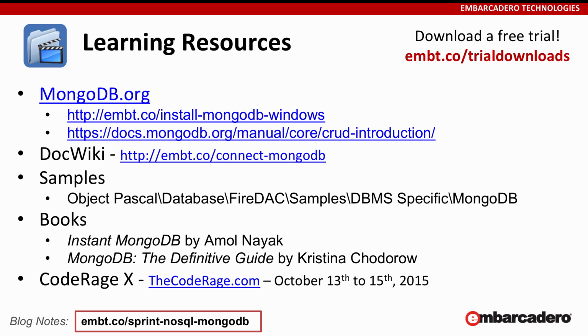It contains a lot more detailed information about MongoDB. Instant MongoDB is available through Packt Publishing, which is the one that publishes the Delphi Cookbook as well. And MongoDB: The Definitive Guide is available through O'Reilly, which also has Delphi in a Nutshell from a few years back. So both of those are available. I got those as ebooks. Check that out from O'Reilly.com.